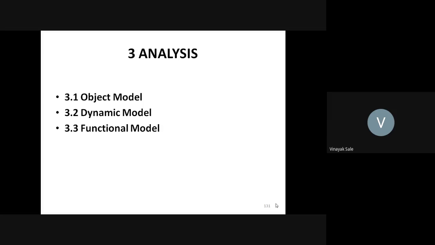Okay, yesterday, that is in the previous lecture, we studied the introduction of animation, then the background of animation, then the problem statement. Next part is analysis. In analysis, we will study the object model, dynamic model, and functional model in detail regarding the animation.